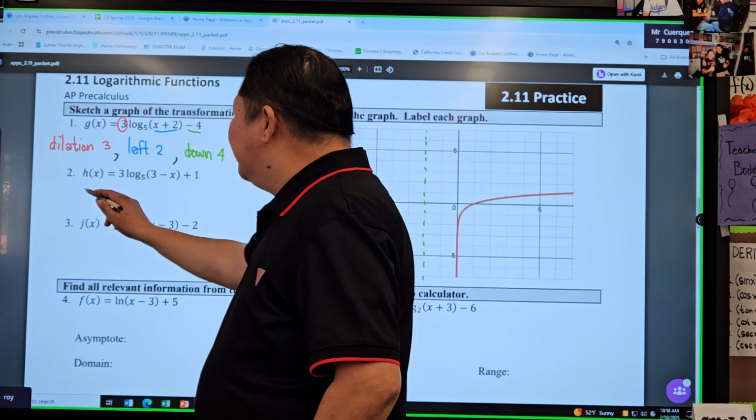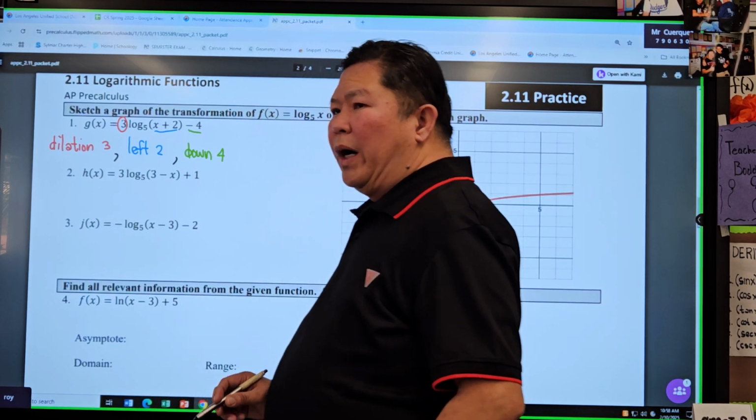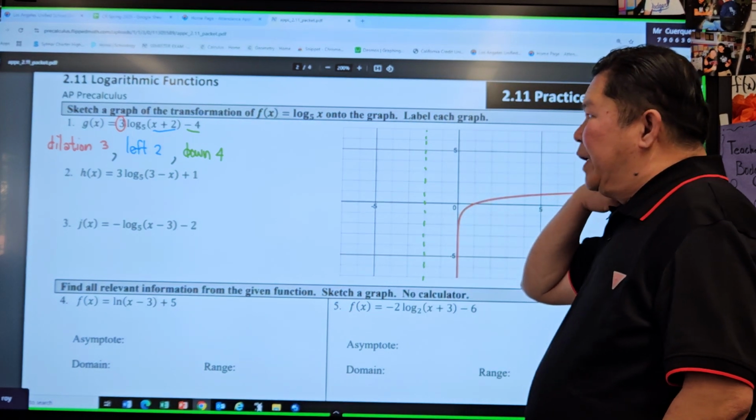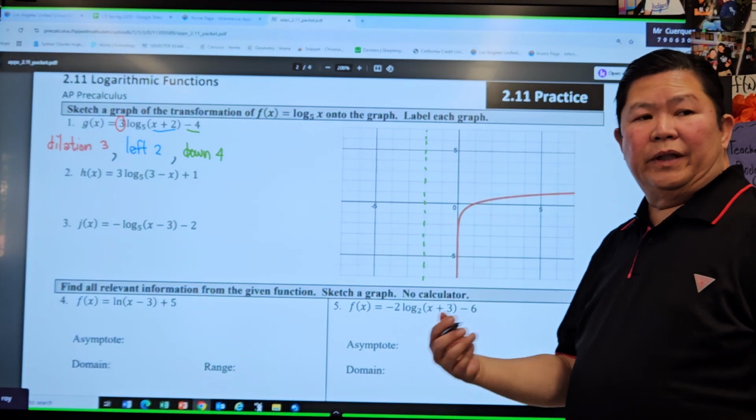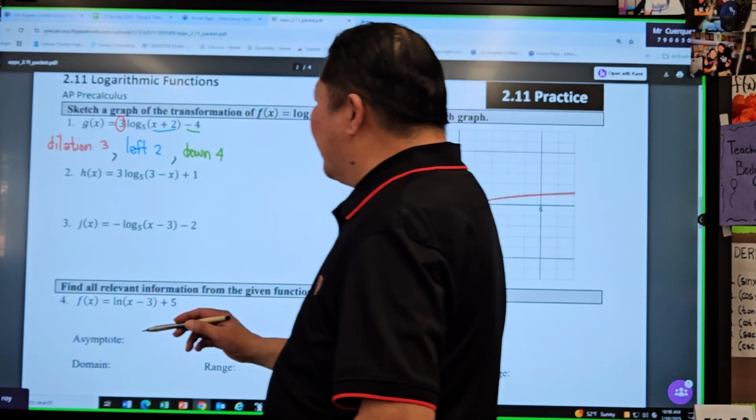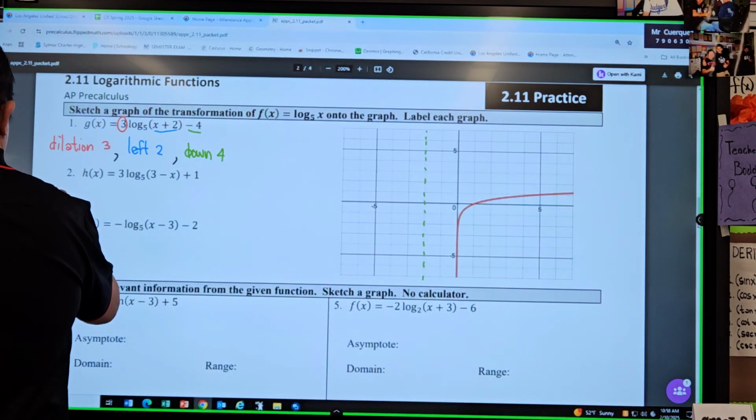We have to identify what 3 is. What is 3 for number 2? 3 is dilation. So, we write 3 as dilation.